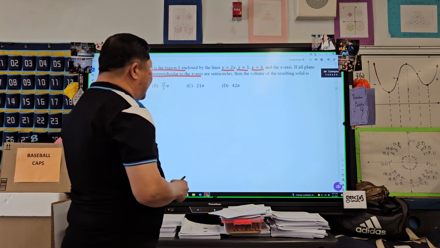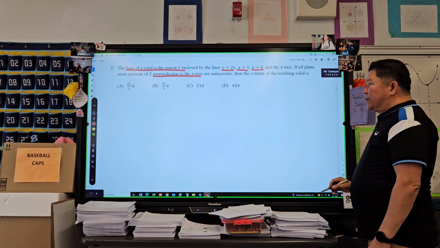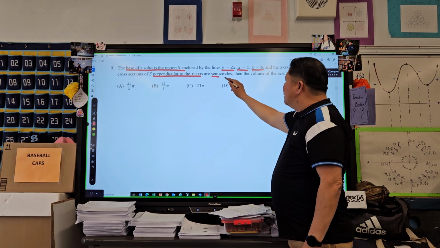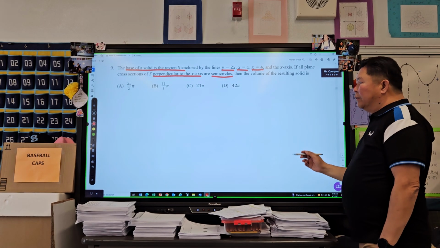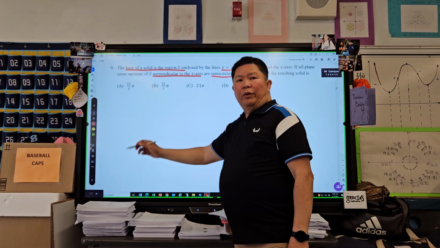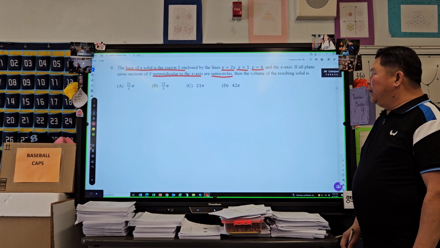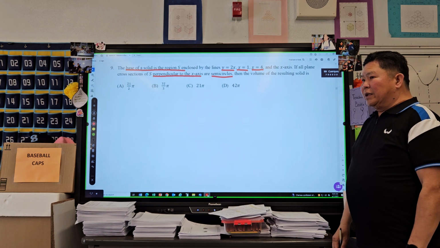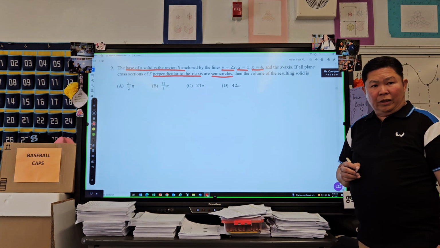And the x-axis, if all plane cross-sections of S perpendicular to the x-axis are semicircles, then the volume of the resulting solid is, we have these options: 21 pi over 2, or 32 pi over 3, or 21 pi, or 42 pi.